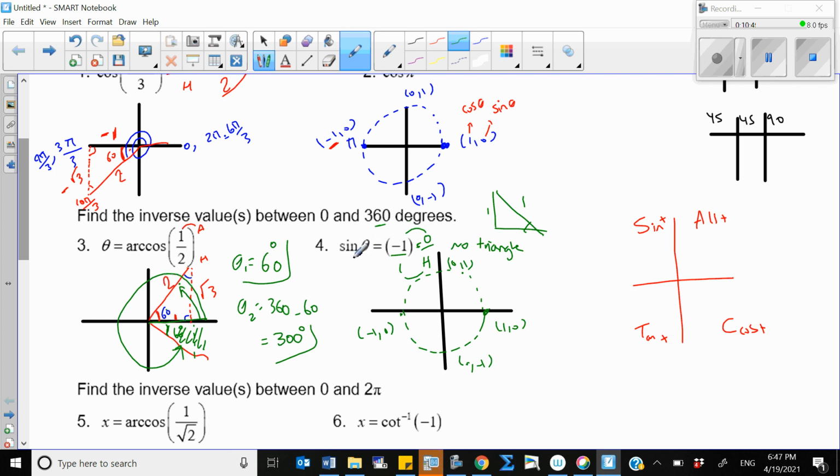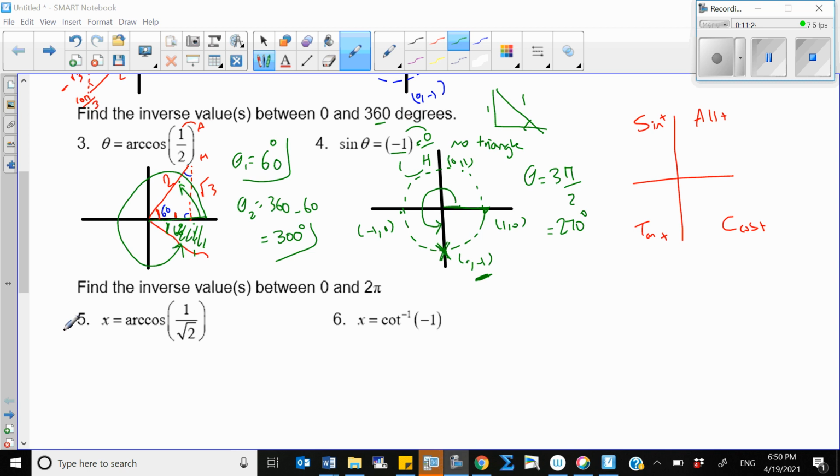So if I'm looking for a sine value which is -1, I need to look for a y coordinate which is equal to -1, and that is here. So this angle is what we are looking for. We have only one answer. And what is theta? Your angle starts from here and ends at this point. And this is 3 pi over 2. Or if we are working with degrees, we can write 270 degrees.